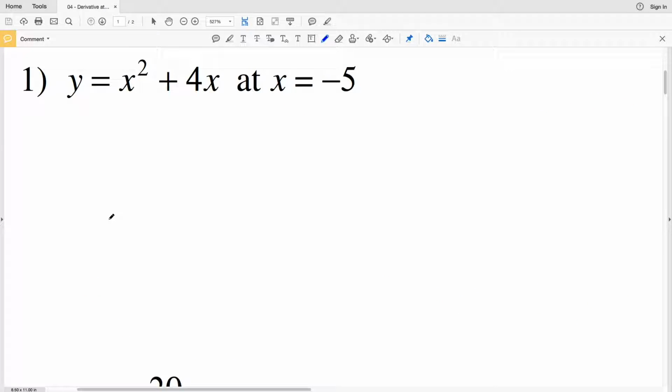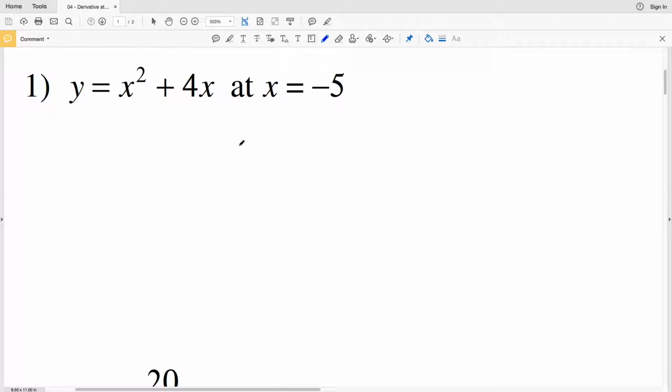For number 1, we have y equal to x squared plus 4x, and we're finding the derivative of that function at x equals negative 5. Finding the derivative, dy/dx, using the rule of sums, we take the derivative of x squared and add that to the derivative of 4x.